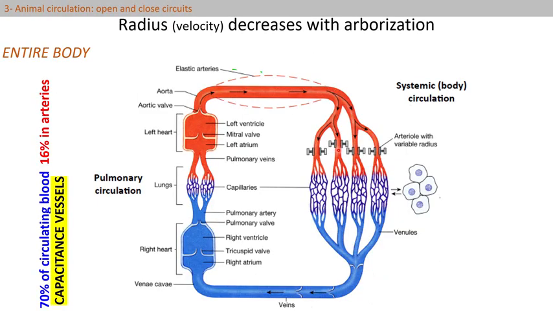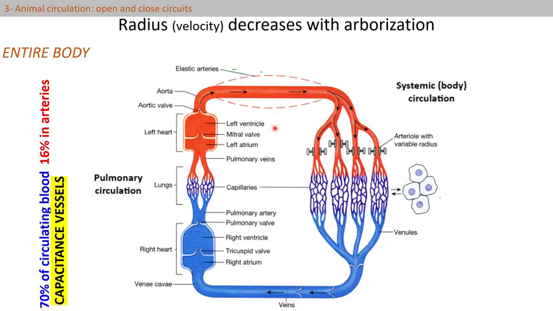So here I give you another schematic description of this kind of circuit. You see here the left heart, so in red the systemic circuit that goes to the tissues, and then the veins go back to the right heart, then going to the lungs, getting oxygen and circulation here.